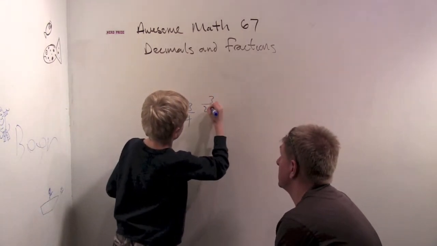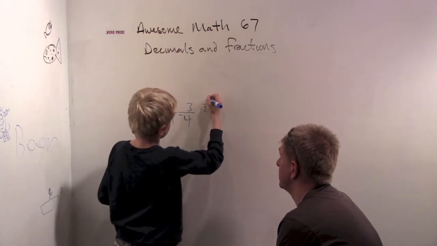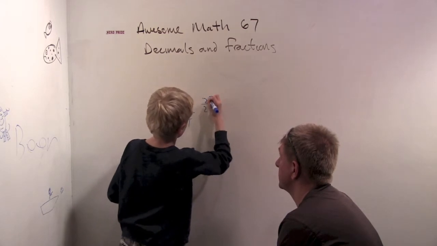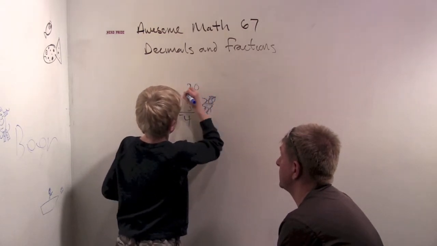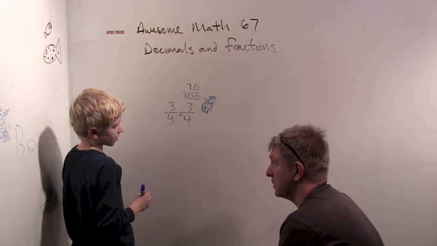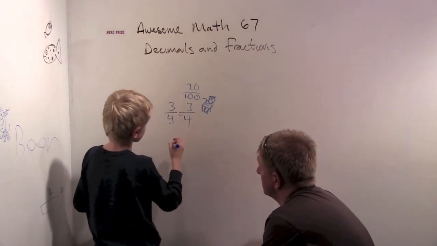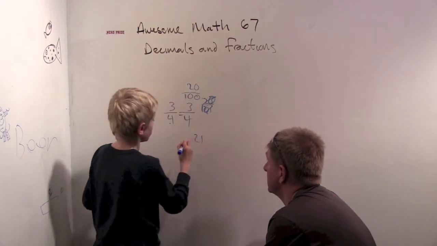I think we had 20 over 100th, and then this would mean you would get the 0.21.